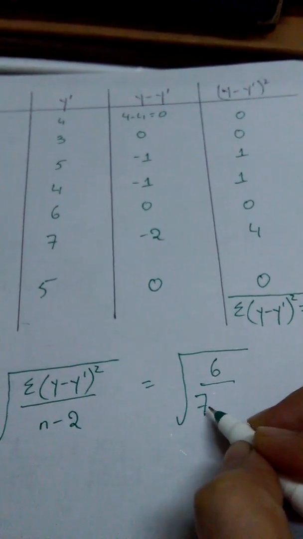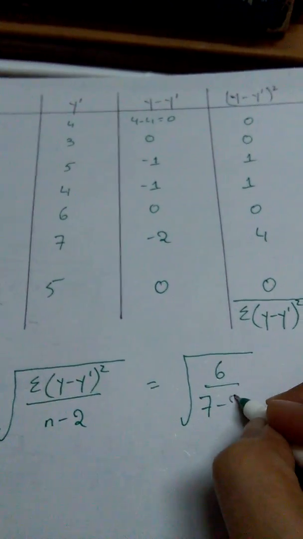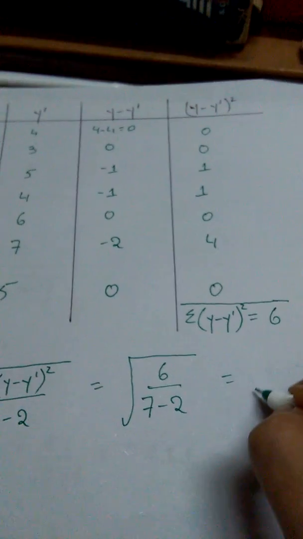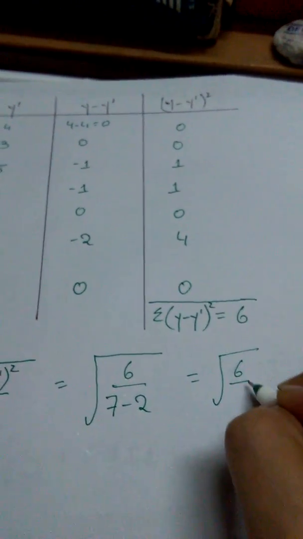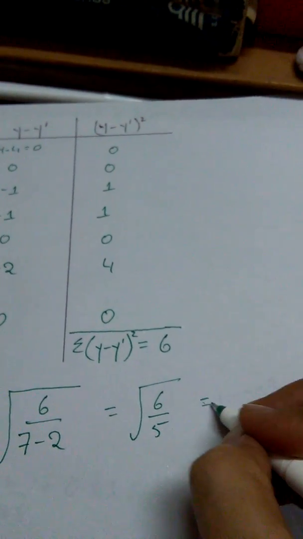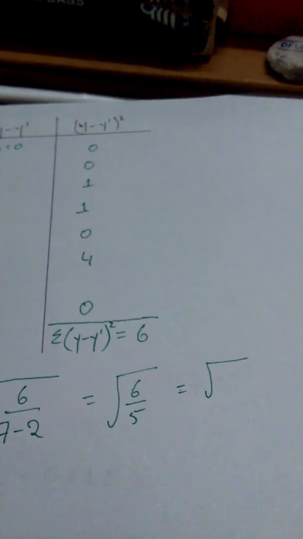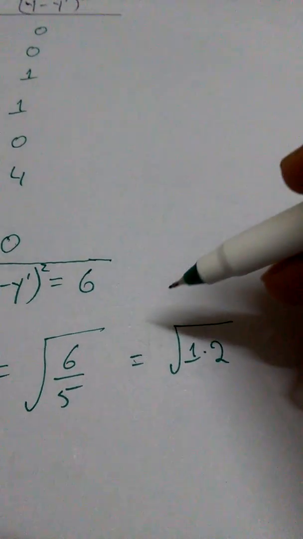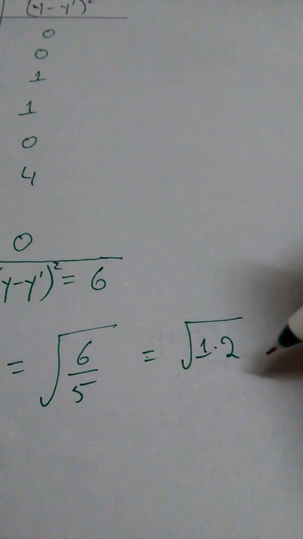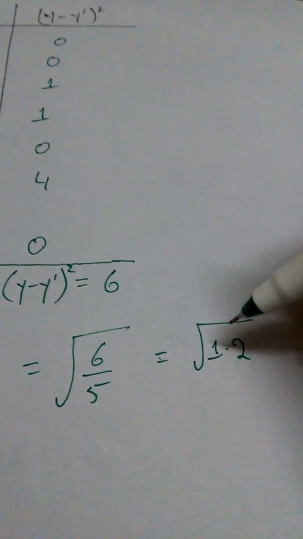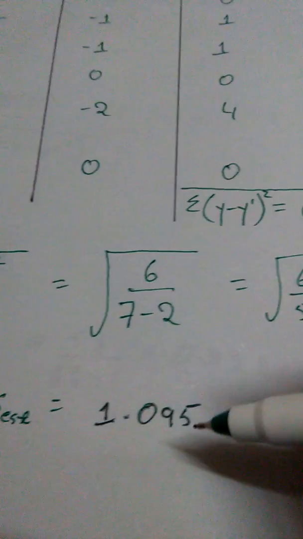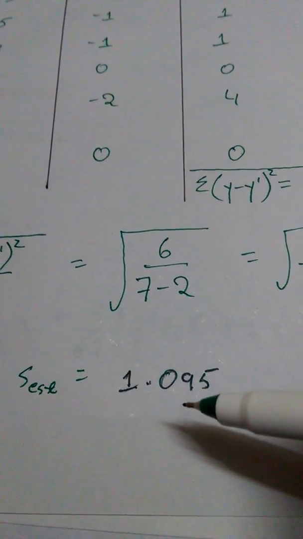So the size of the data is 7, upon n minus 2. Now the basic math is here, and we just do that. So it is the square root of 1.2, and I'm taking the square root. It gives you the final answer 1.095.